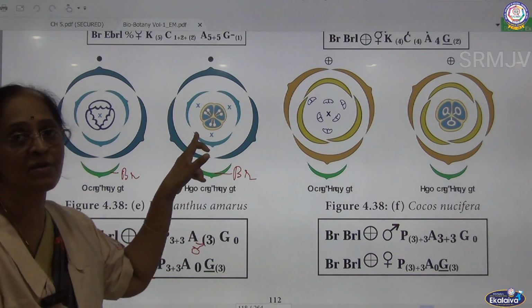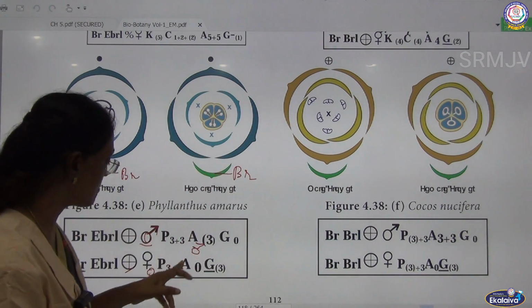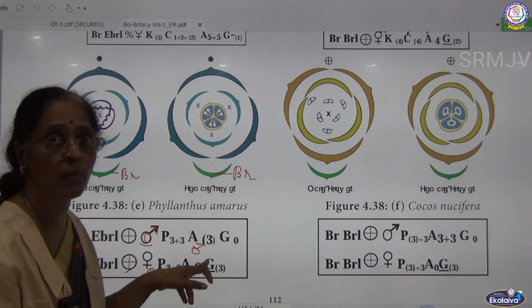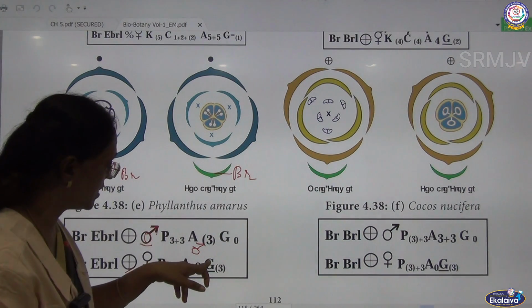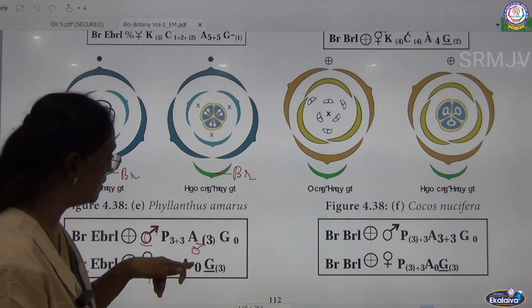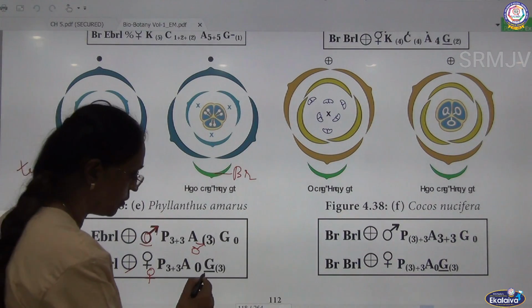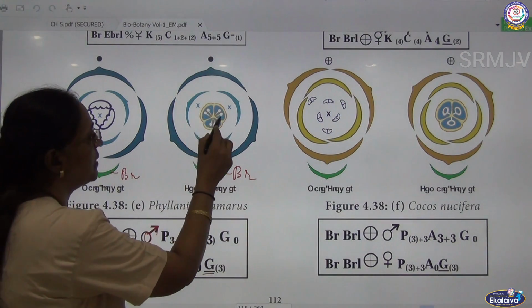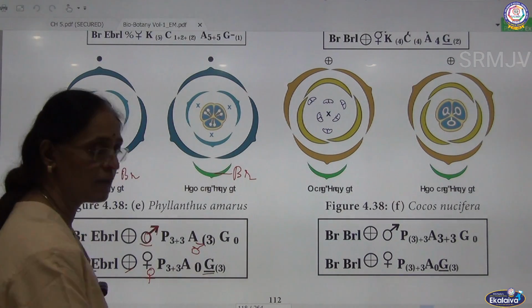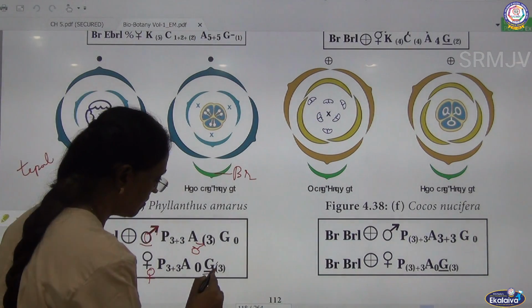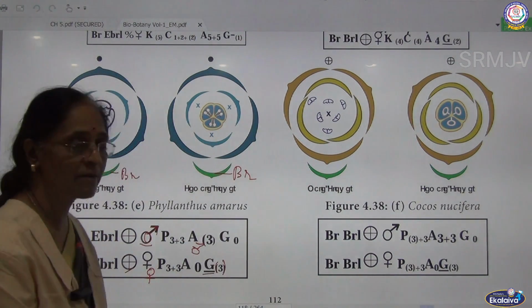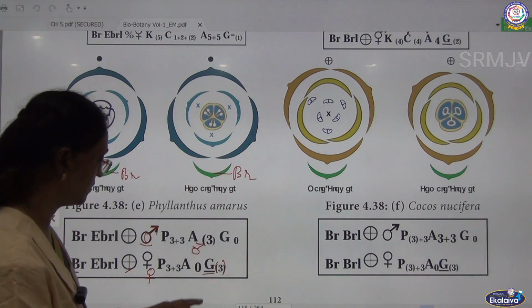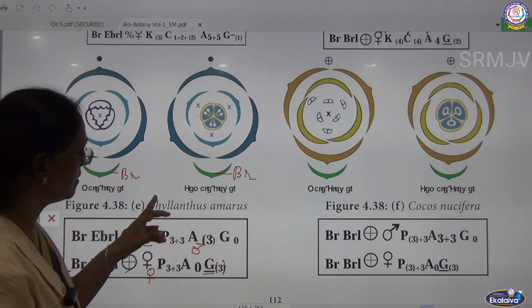And androecium, because it is the pistillate flower, there is no androecium, so we are representing it with 0. Then when it comes to the gynaecium, G is the letter, and this is the superior ovary, so you have underlined it below. And how many are there? Tricarpellary, 3 carpels are there, and we are representing it inside the bracket. So it is syncarpous.